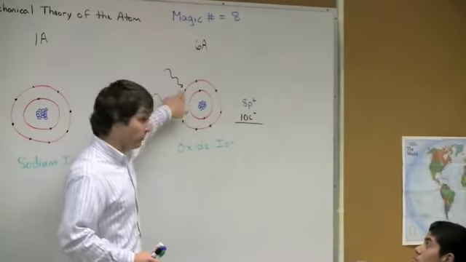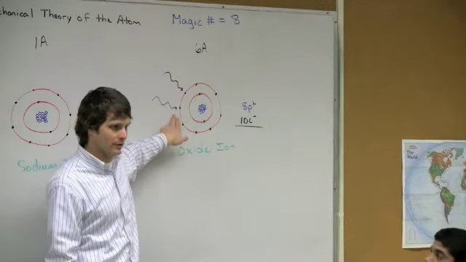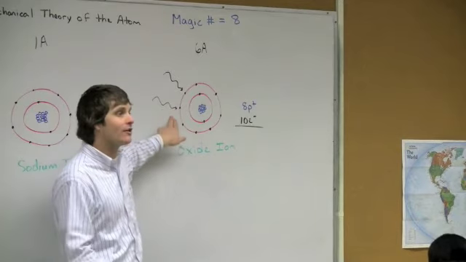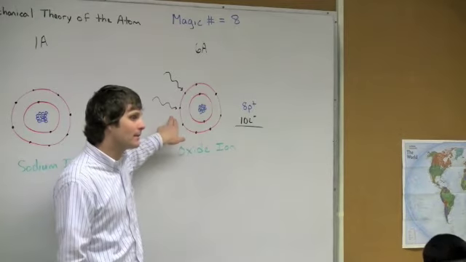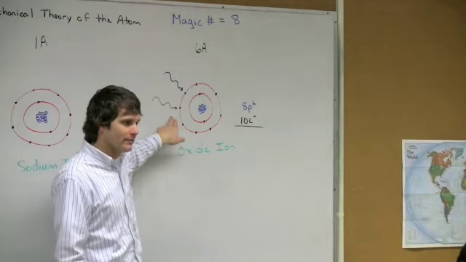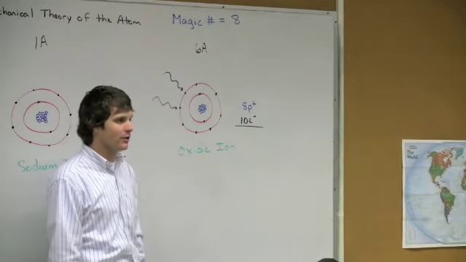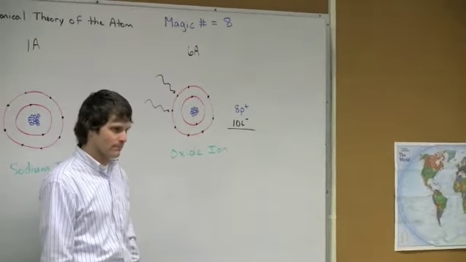Yes, these squiggly lines point to the new electrons. Good question. Squiggly lines are pointing to the added or extra electrons, just to show that they've been added in. I think that's a good point.